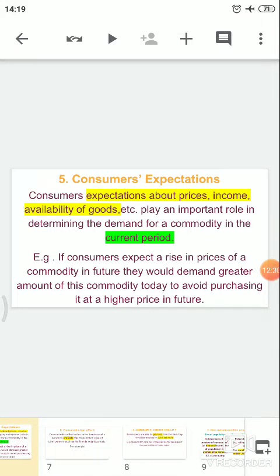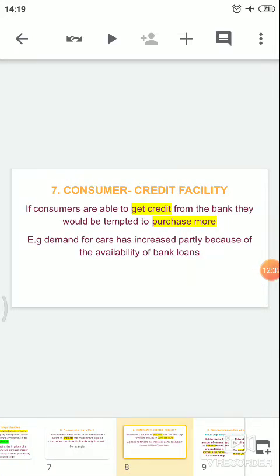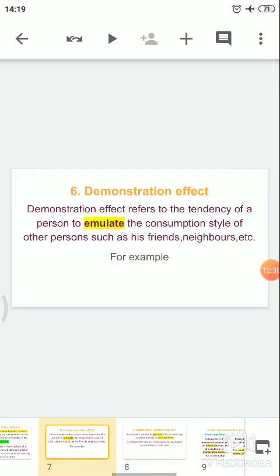The next is demonstration effect. Demonstrate means when you try to copy somebody's consumption pattern or somebody's lifestyle, you start demanding those type of goods.